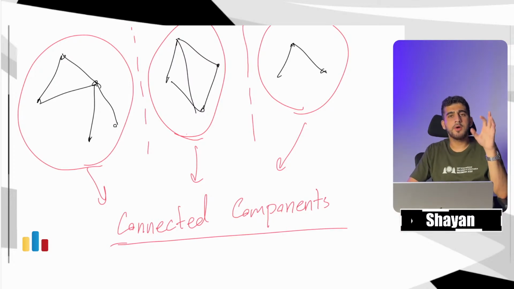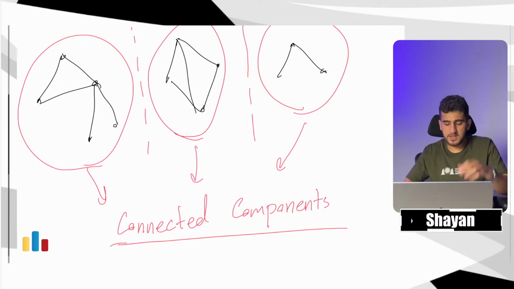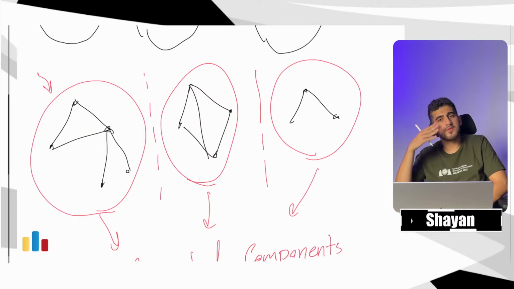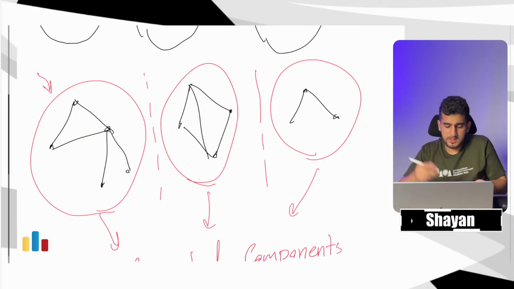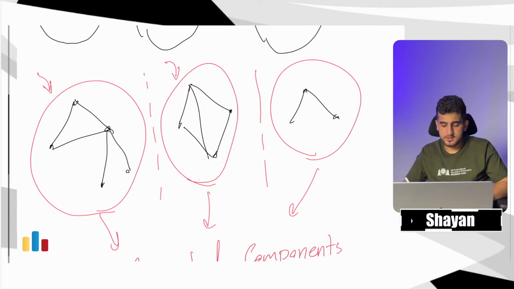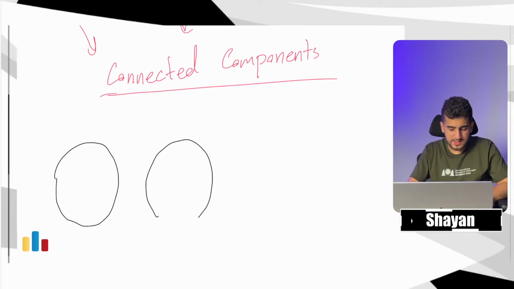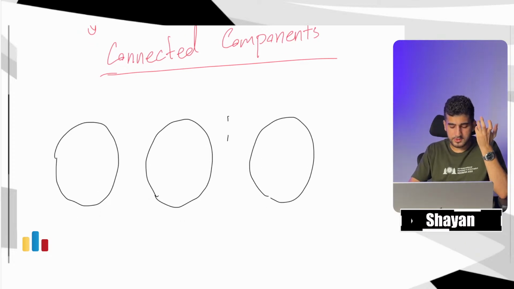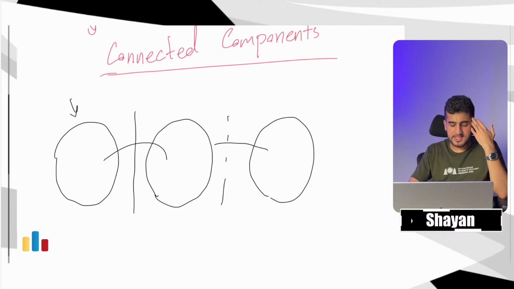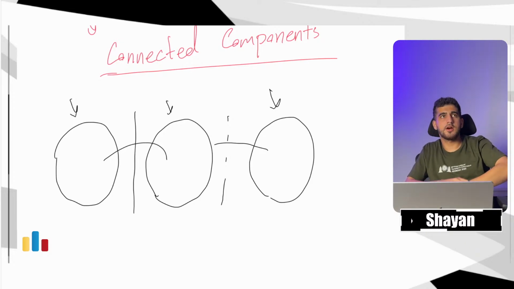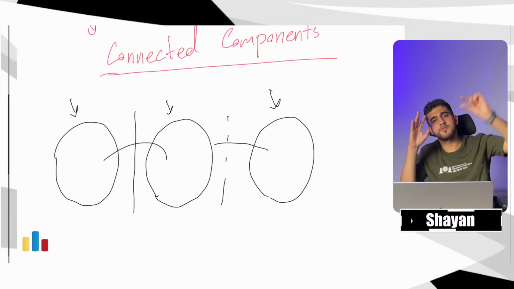I run my algorithm on each connected component separately because the colors of each connected component do not affect the colors of another connected component because they have nothing to do with each other. So if I have several connected components, I can solve them independently. If I can solve each one independently, then I'm done because they won't do any harm to each other. They do not have any edge to each other. For each one of them, I have a group 1 and group 2.